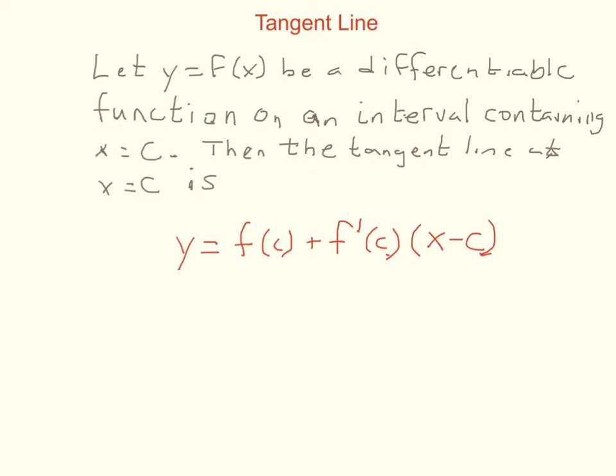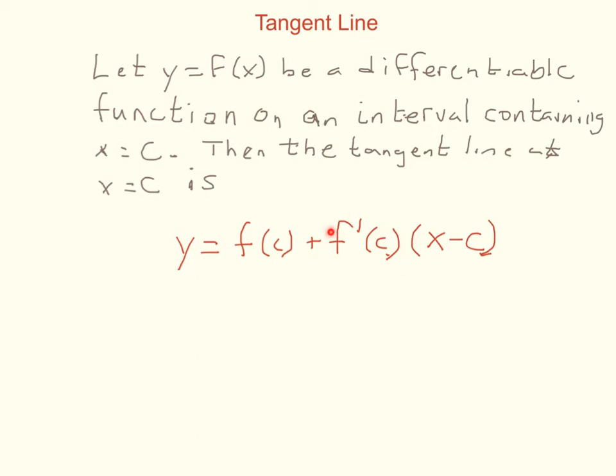So f of x is going to be a differentiable function on an interval containing x equals c. Then we know our tangent line at x equals c is going to be y equals f of c plus f prime of c times x minus c. If you look at that, you should notice that that is just our standard point slope form of a line.